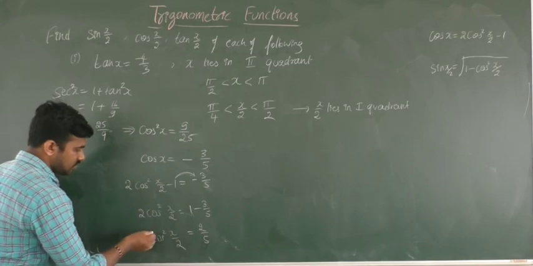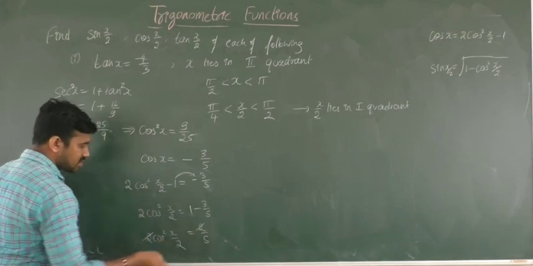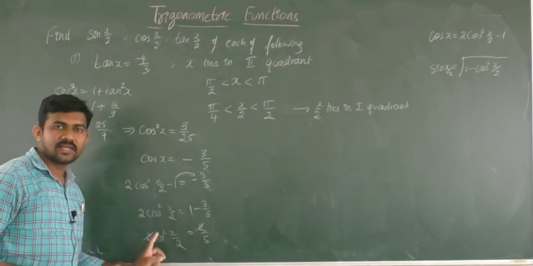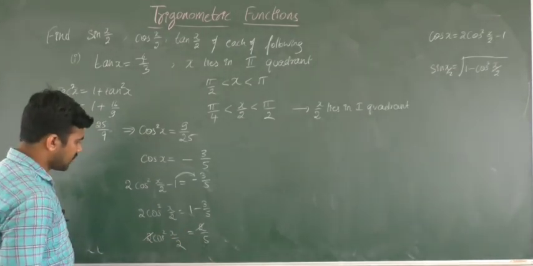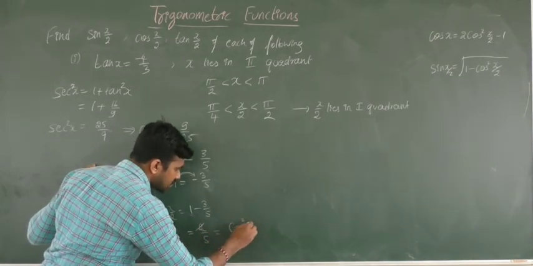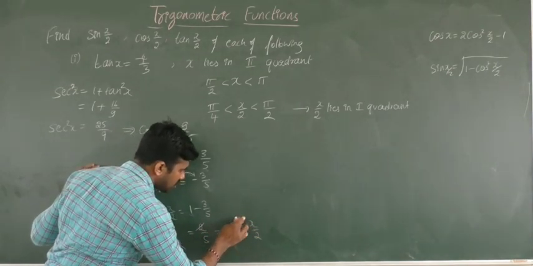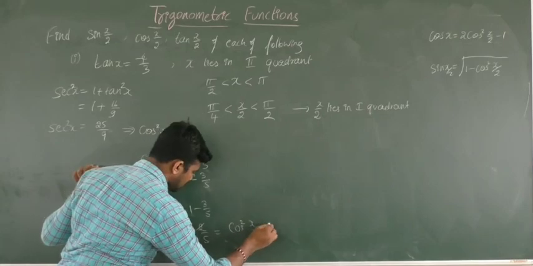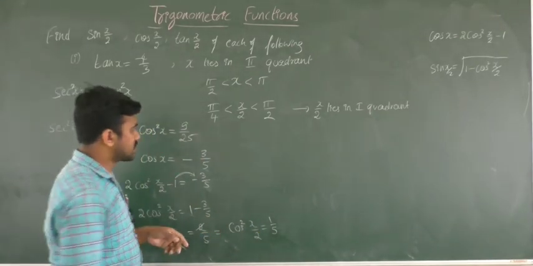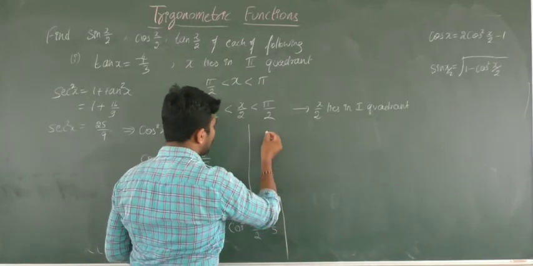So we can cancel this 2 and 2 because this 2 is multiplied with a function, so we can cancel the coefficients. Now, what you got? Cos square x by 2 is equal to 1 by 5. So by this we can say cos x by 2.